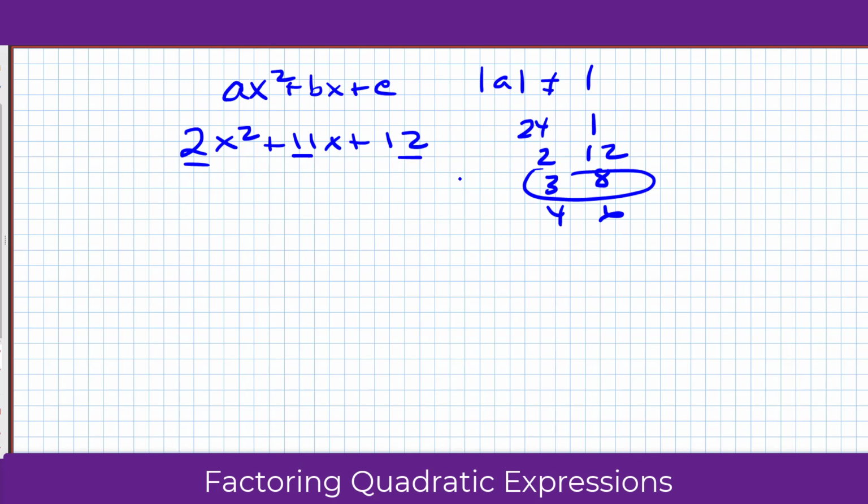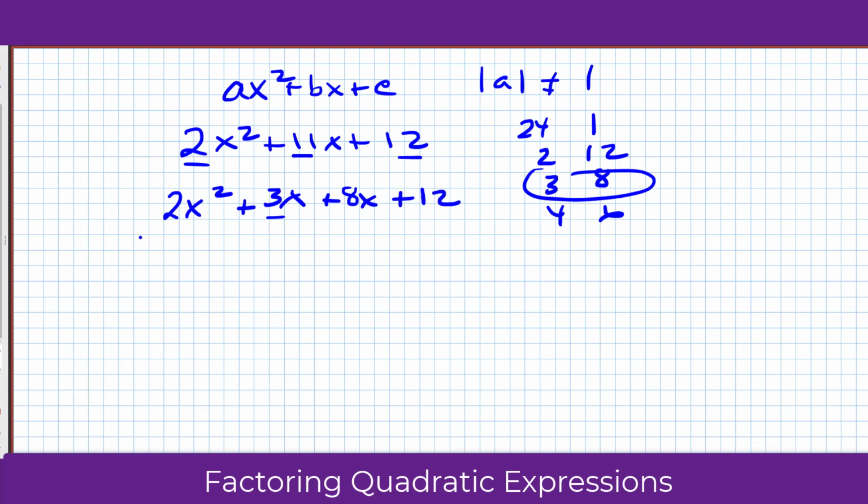So then we've got 2x squared plus 11x plus 12. We've thought this through, so let's write that out with our multiples, 3 and 8. So we've got 2x squared plus 3x plus 8x plus 12. Now, what are we going to do?